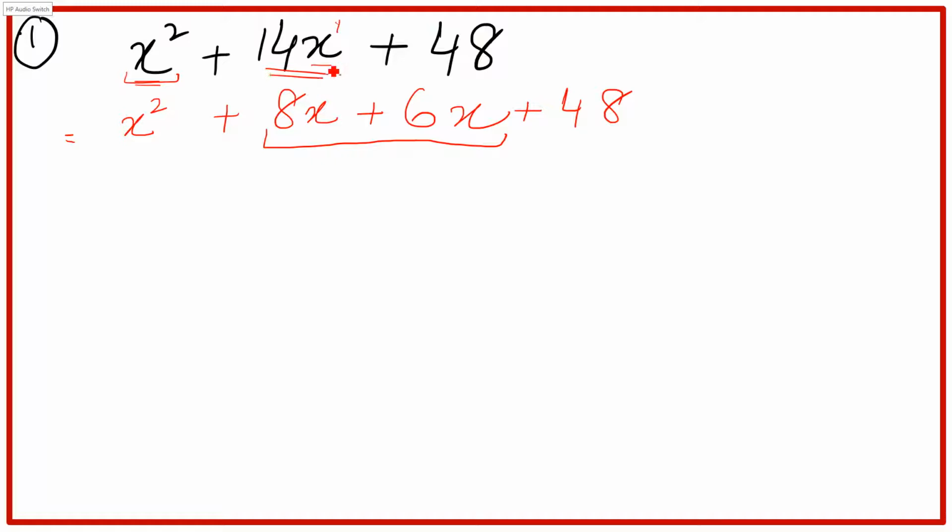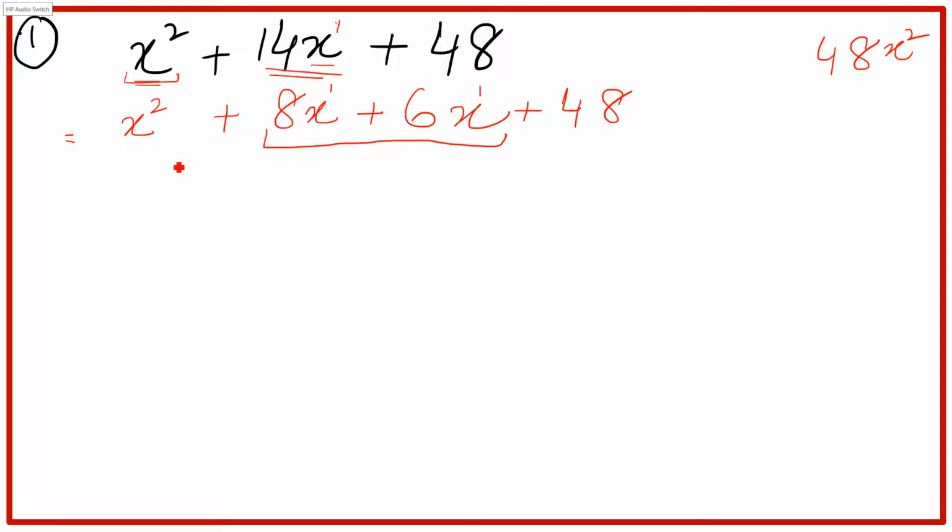And I told you I have to break 14x, or write down two terms in such a way that when I add or subtract those terms, I should get 14x. And when I multiply 8 times 6 it is 48, and in multiplication we add the exponents, so x and x will be x square. So why 48x square?